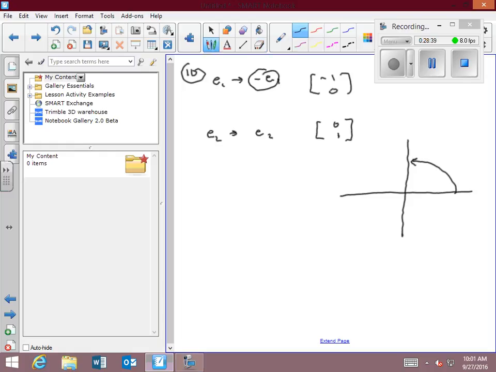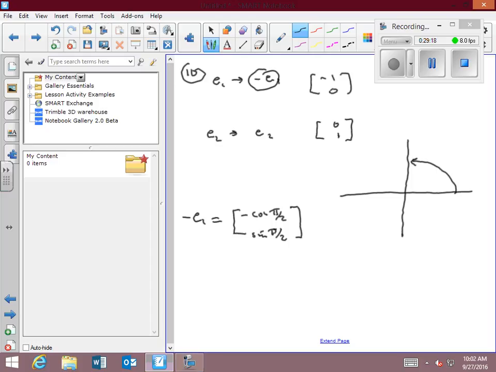Talking about this thing right here, negative E1, then has to be rotated pi over 2, and if you look back at your page 73, it's going to be a negative cosine of pi over 2, and then sine of pi over 2.